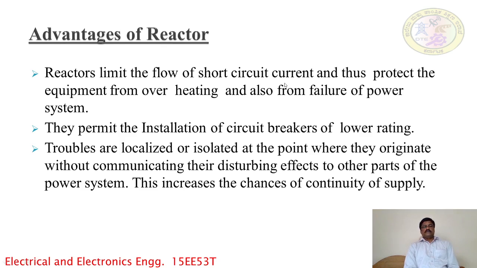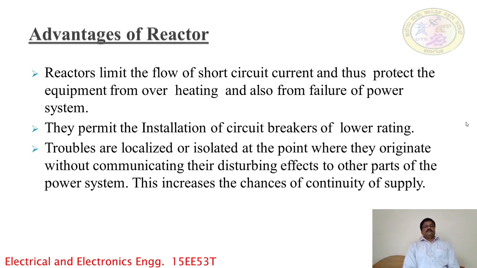That means the power system has different connected parts, and the other parts are not affected by the occurrence of the short circuit. So the reactors isolate the fault section of the transmission line. This increases the chance of continuity of the supply.